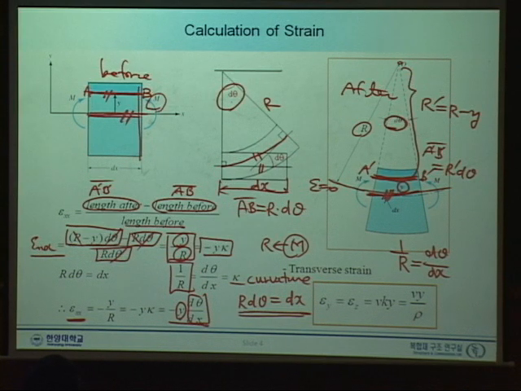D theta is the angle of rotation. This surface was vertical, and then subject to a bending moment, it rotates a certain amount. It rotates d theta. So d theta over dx means the rate of angle rotation.